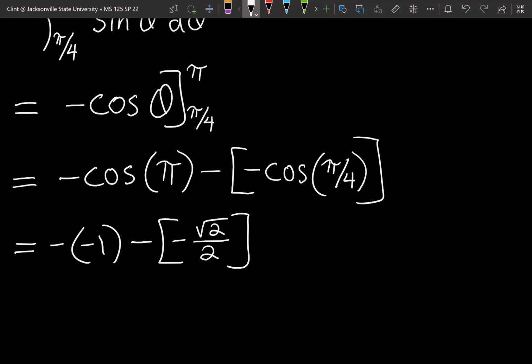I think we're okay with decimal answers on WebAssign. Let me double check, but the exact answer is 1 plus root 2 over 2, and that's like 1.707.